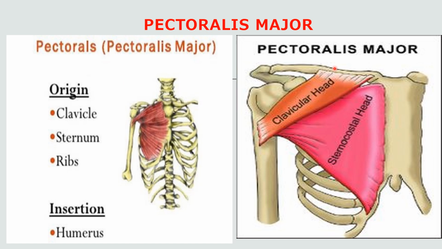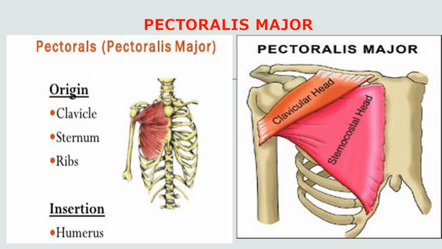The clavicular head arises from the medial half of the anterior surface of the clavicle, whereas the sternocostal head arises from the lateral part of the anterior surface of the sternum up to the 6th costal cartilage, and it also has origins from the 2nd to 6th costal cartilage.